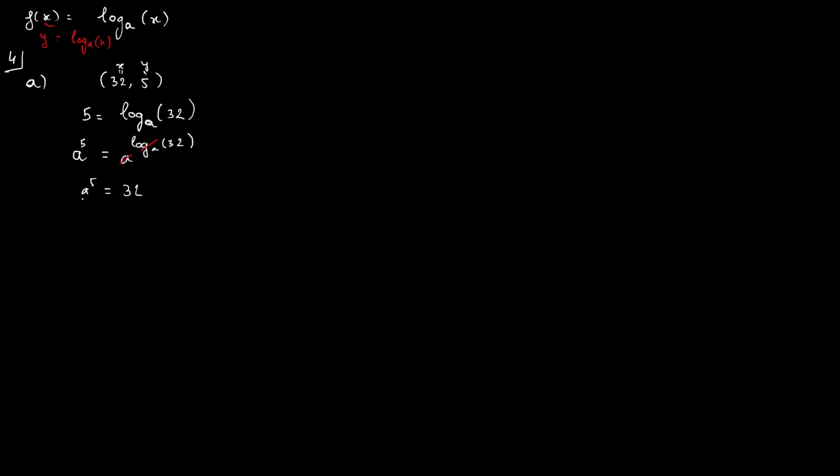So here we have to find some kind of base, and if we raise it to the power of 5, we need to get 32. Of course, we picked something that's doable, and it would be a is 2. So we can rewrite our function: f(x) is equal to log base 2 of x. Of course, there's much more you can do to logarithmic functions.